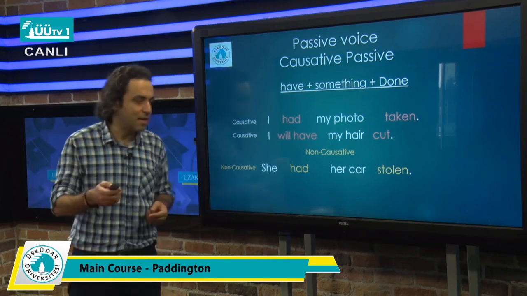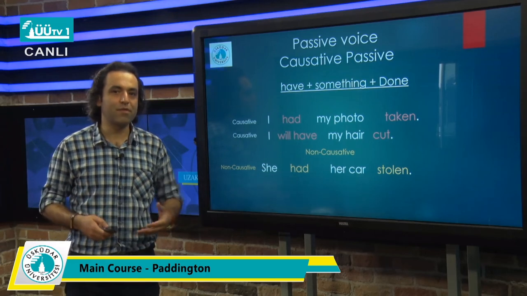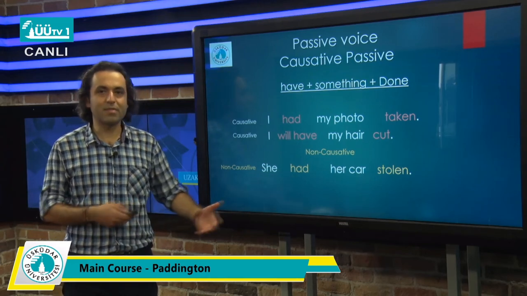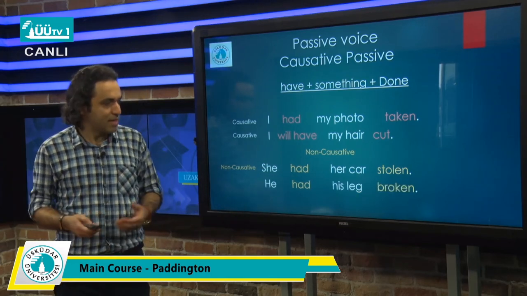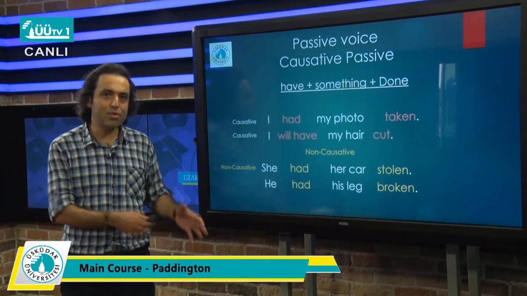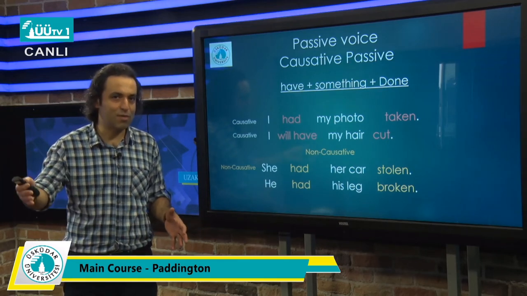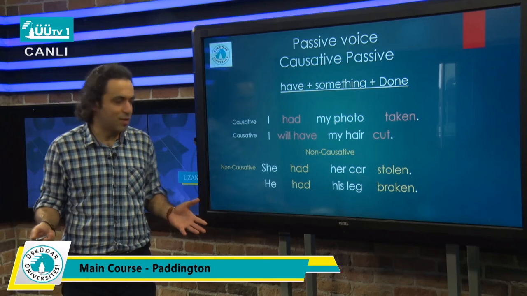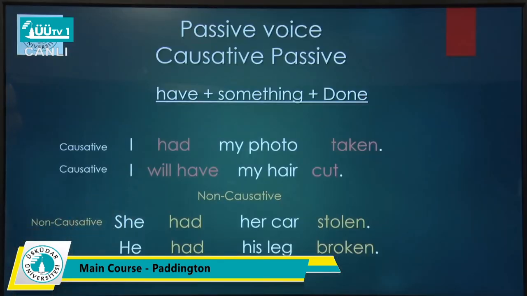Another example. Imagine a friend of yours went to play football and his leg is broken. Then he comes to class and says, well, I had my leg broken. Did he put his leg in a corner and ask someone to break it? Of course not. That is non-causative again, because he is not the reason for breaking his leg.